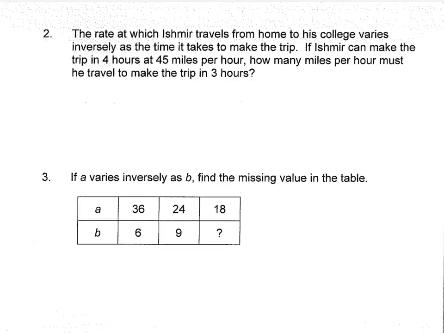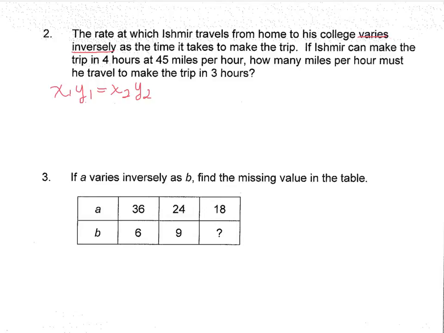The rate at which Ishmael travels from home to his college varies inversely with the time it takes to make the trip. Okay, so this time we're doing varies inversely, so it's x1 is to y1 as x2 is to y2. If Ishmael makes the trip in 4 hours at 45 miles per hour, how many miles per hour must he travel to make the trip in 3 hours?